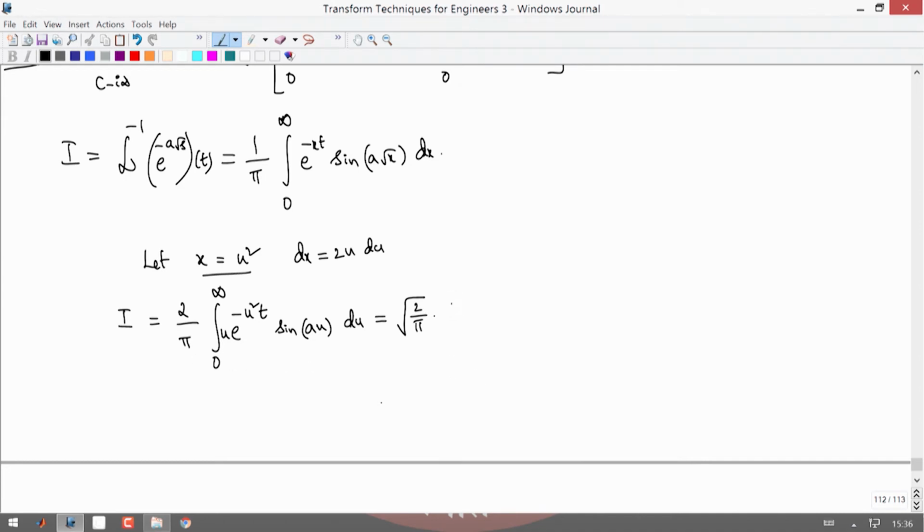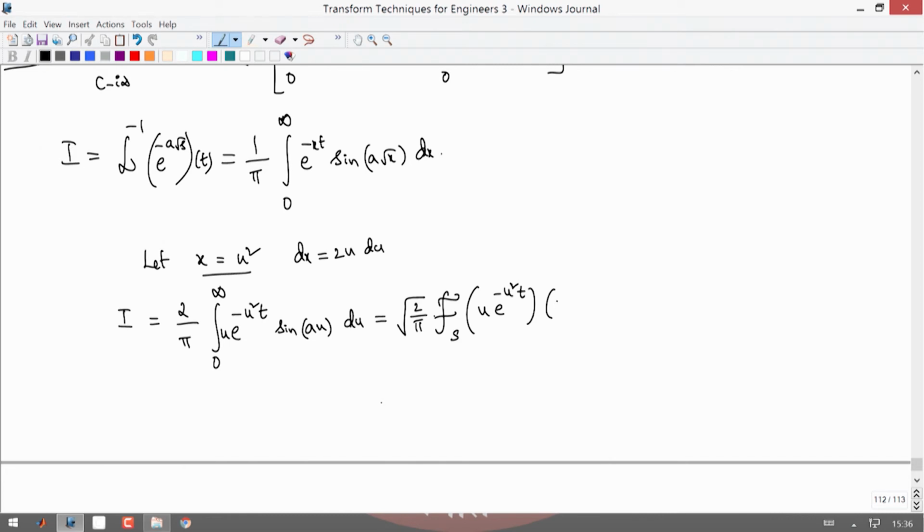the Fourier sine transform. How do I write it? F_s of u times e^(-u² t) as a function of a.